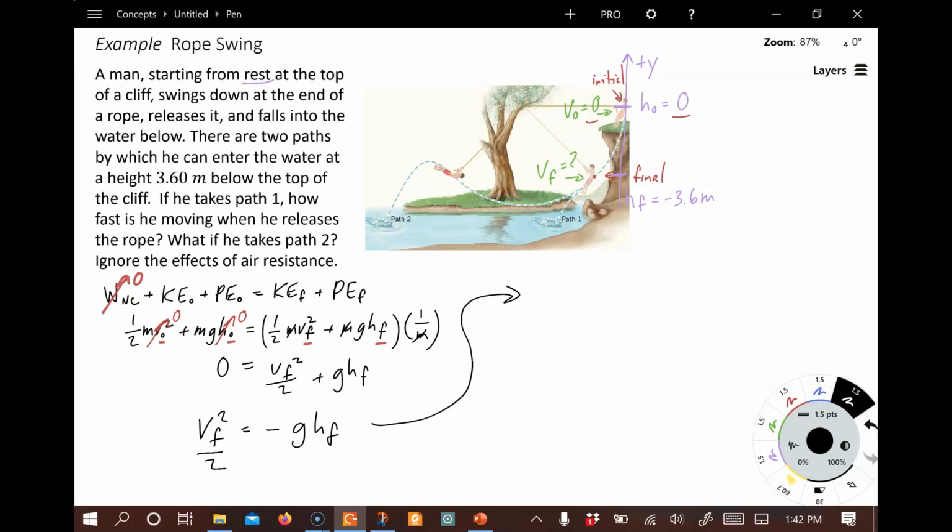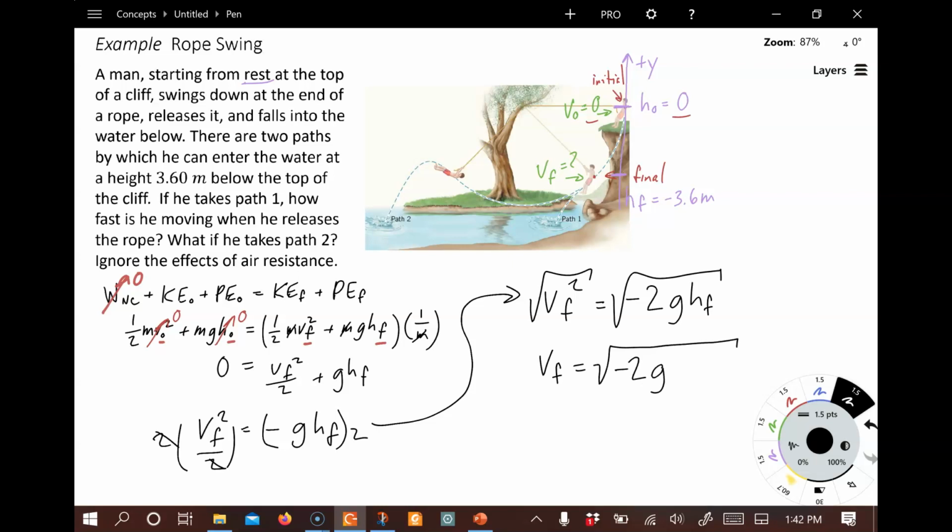And finally, multiply by 2 on both sides. Take the square root. And now we've got a value for v final.